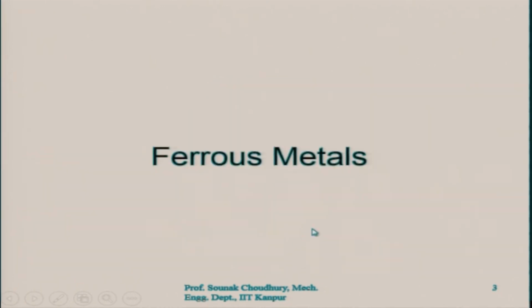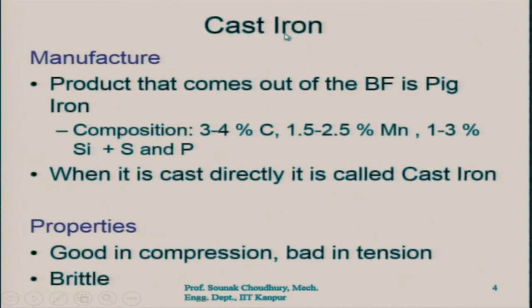Now, let us discuss the ferrous metals first. Under the ferrous metals, the most popular is the cast iron, and the cast iron is the product which comes out of the blast furnace, that is the pig iron initially.